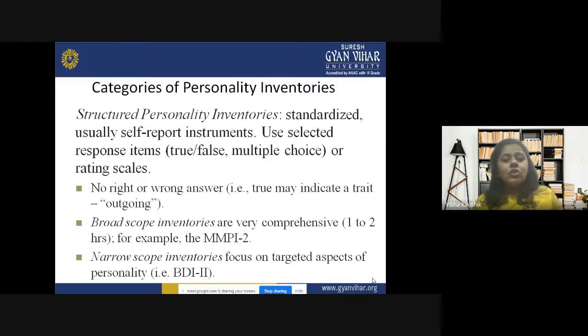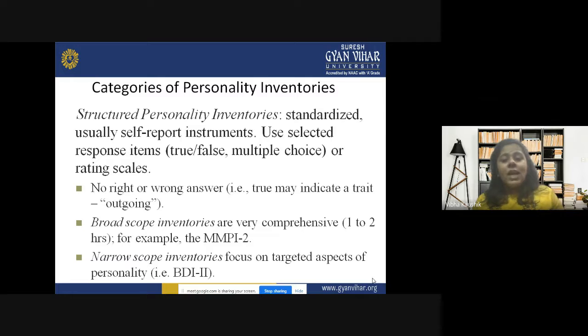That means a structured personality inventory is standardized, means it has reliability, validity, some norms are there, and on that basis, that test will be administered. Use selected response items, and the response items are constructed on true and false.